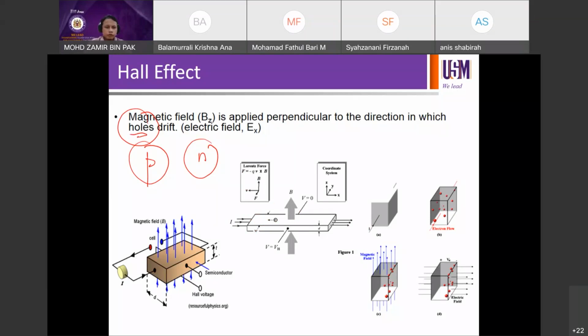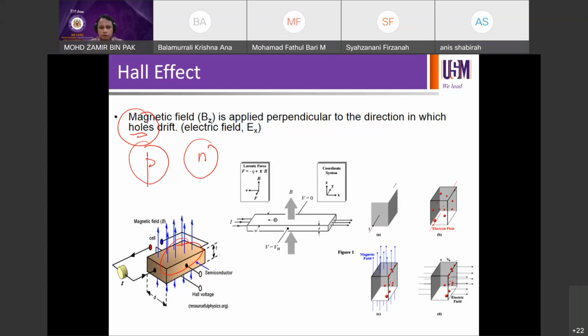Okay, so this is, for example, your semiconductor slab. So it can be silicon, gallium arsenide, gallium nitride, cadmium telluride, and some other semiconductor materials that you can work on, right? So then you apply the magnetic field, the one in the blue arrows, perpendicular to the direction of electric field, which follows the direction of your current flow, right?